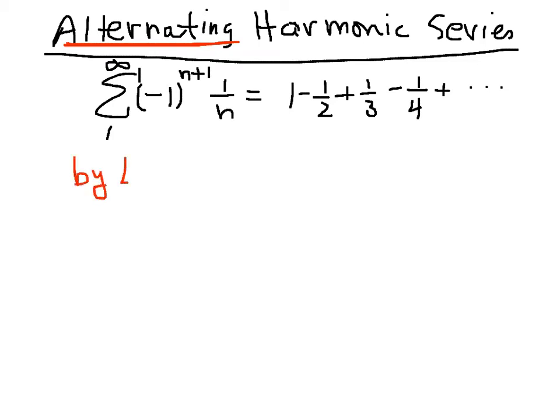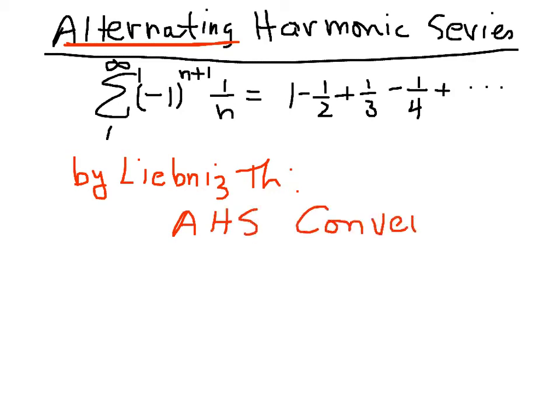By Leibniz theorem, okay, if you think about this, each of these terms is positive, each of these terms is decreasing, and these terms are indeed going to 0. So therefore, by Leibniz theorem, the alternating harmonic series converges. Very, very simple. And so now we know that the harmonic series diverges and the alternating harmonic series converges.